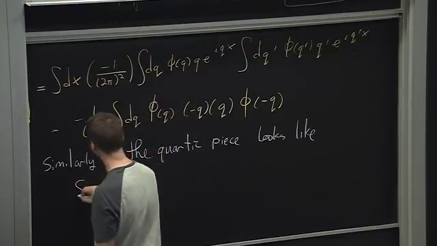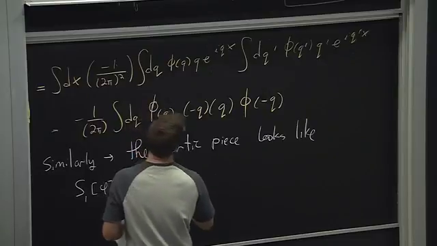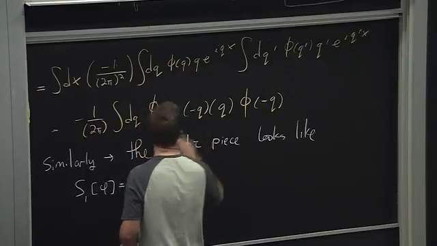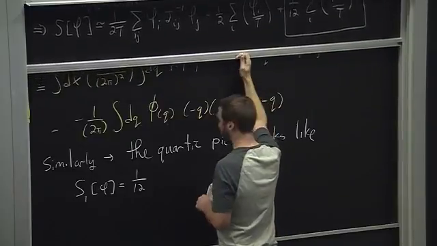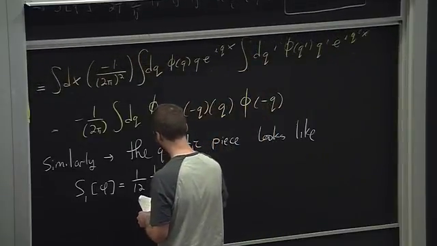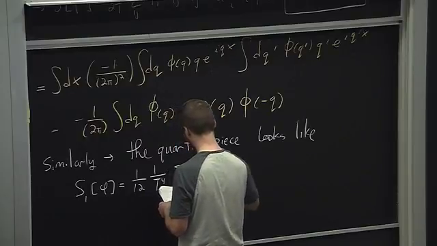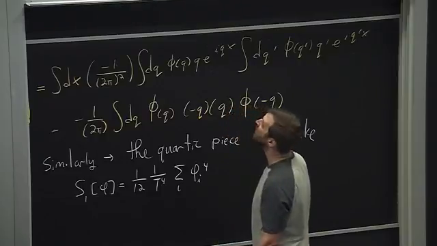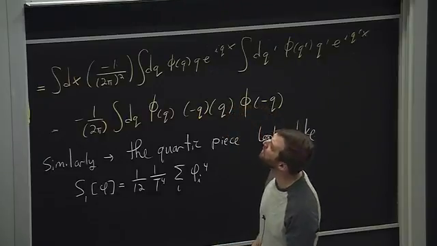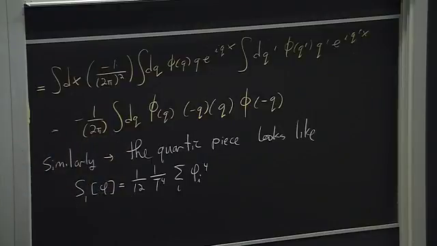Call it S1. Why not? What is it? 1 over 1/12. I'm going to pull out that t to the 4. Okay, let me use the same. I'm going to use this here.